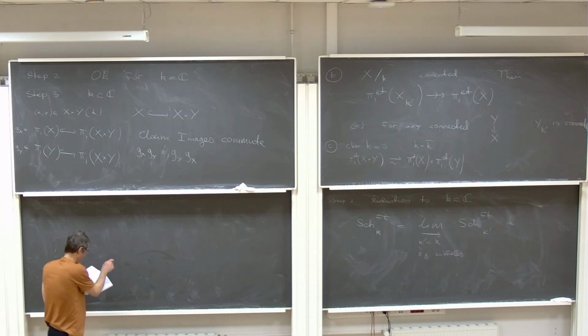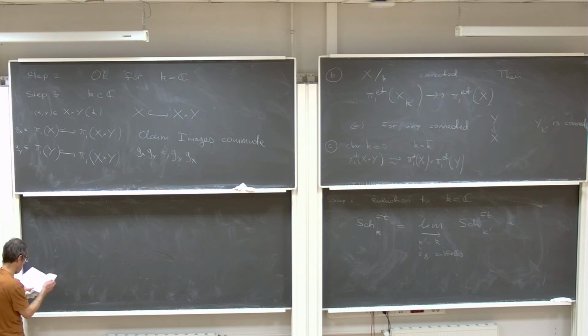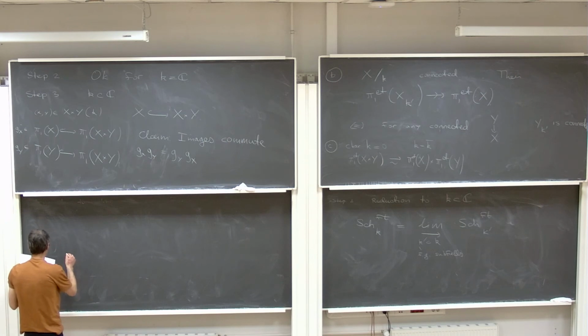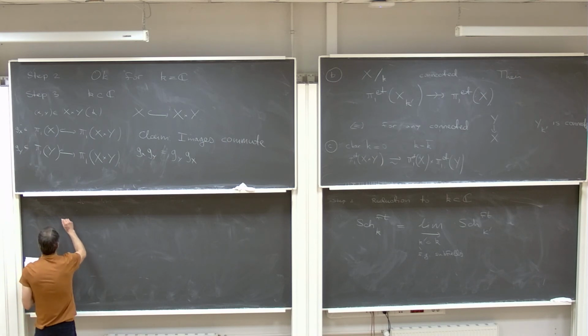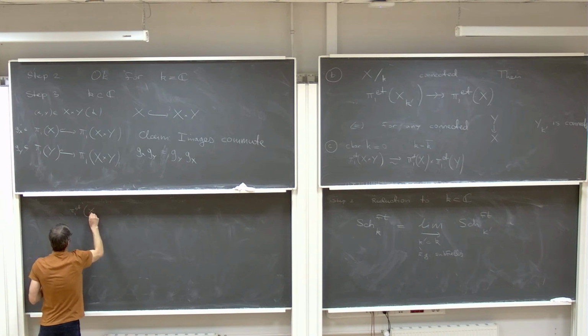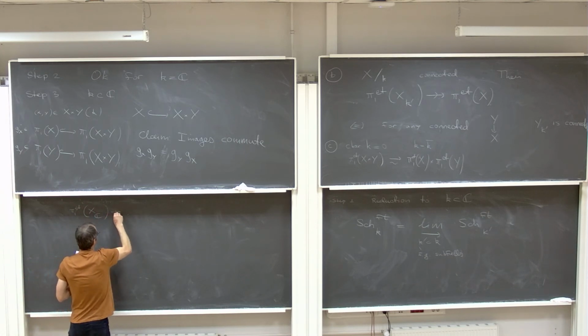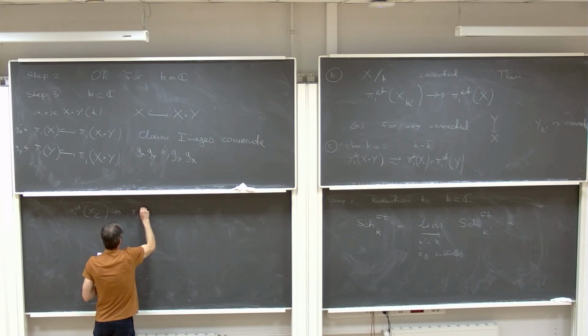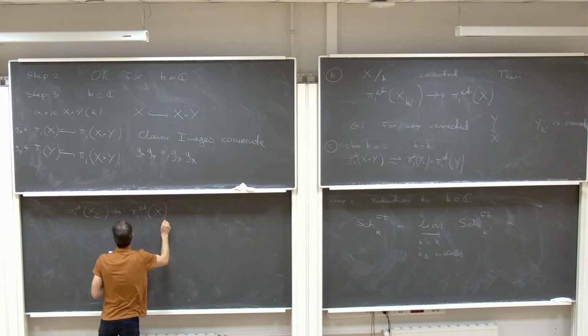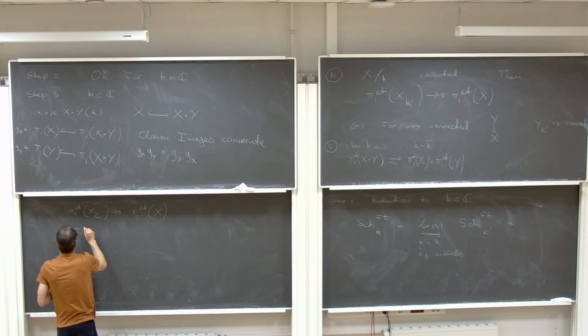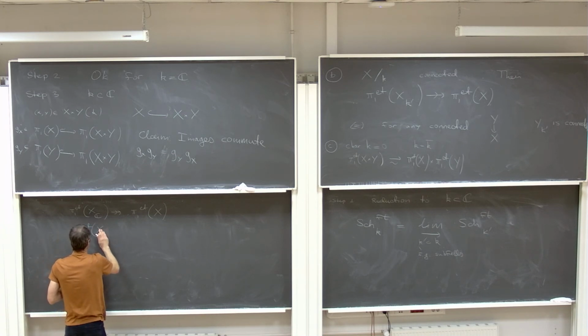What you do is you just look at the diagram. You have surjections from pi1 étale of X_C to pi1 étale of X, and also from pi1 étale of Y_C.